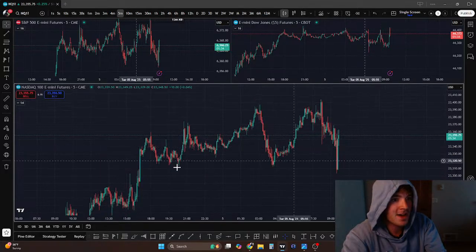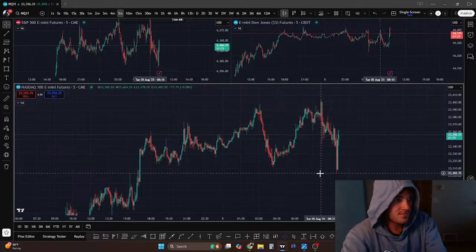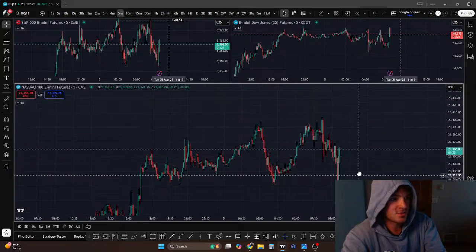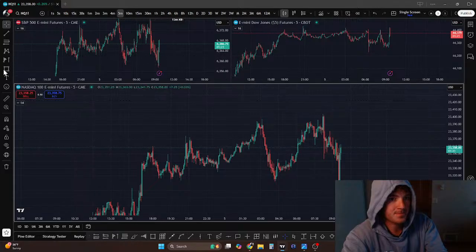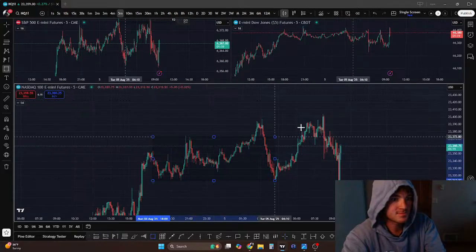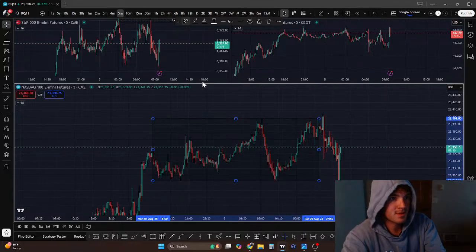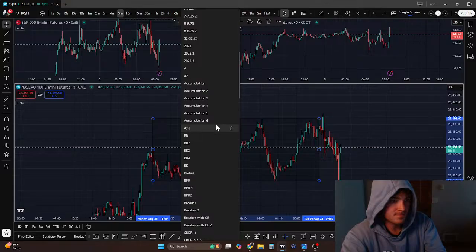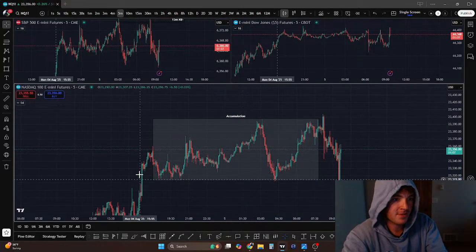So now this looks like accumulation. It looks like accumulation, manipulation, and then distribution to the upside now. Right, we have this 5-minute gap.